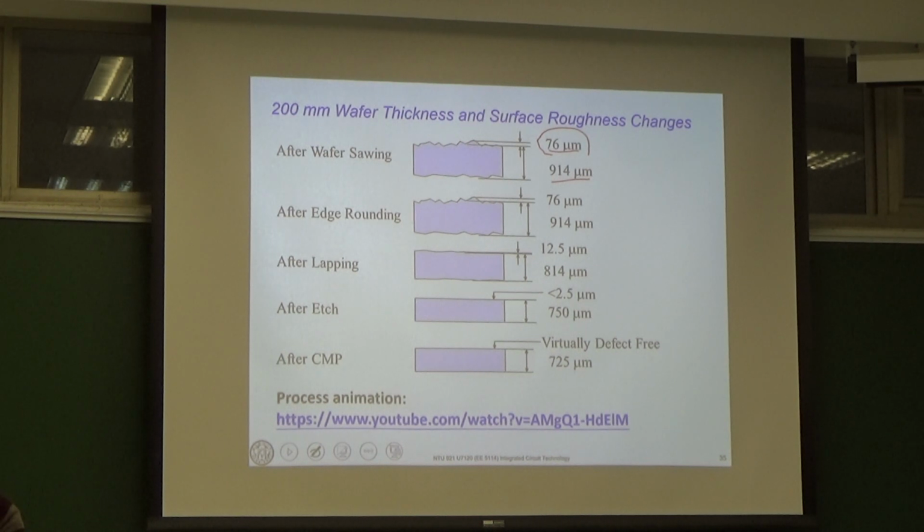After edge rounding and lapping, you create a flatter surface, and after etching and CMP, you will create a nearly flat, mirror-like, virtually defect-free surface. Okay, then this is epi ready.